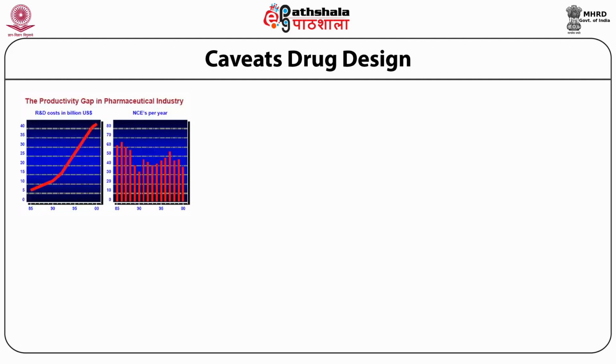Number one is, yes, it is a huge pharmaceutical industry, requiring a huge amount of money. In the initial stage of designing, the money is spent on many compounds and many molecules, and it is much less per NCA per year.